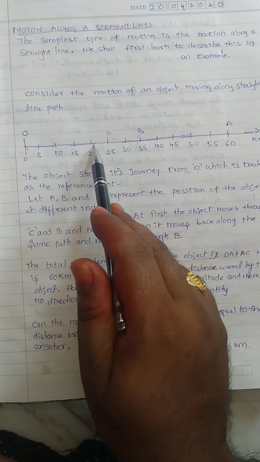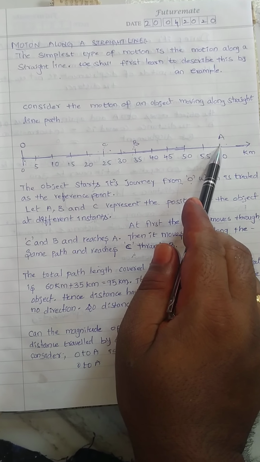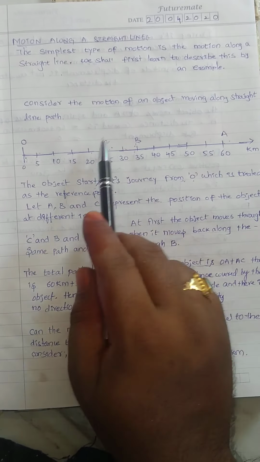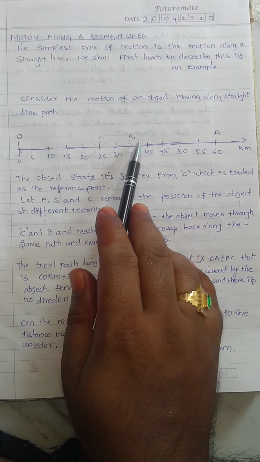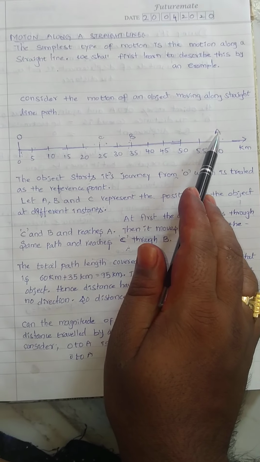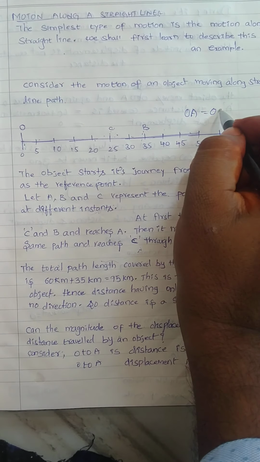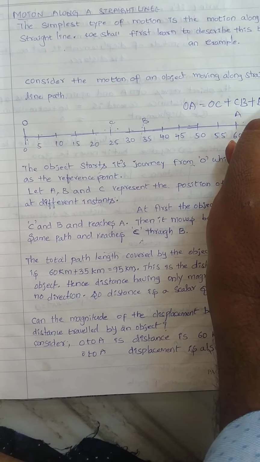Hence the total path length covered by the object is OA plus AC. Finally, OC plus CB plus BA is nothing but OA.